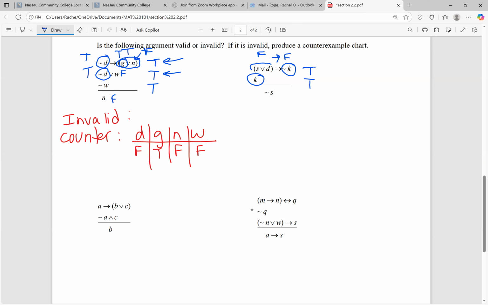And it's an or statement. And the only way an or statement is false is if both sides are false. So S would have to be false and D would have to be false. And if S is false, then not S would be true. And then that would force the conclusion to be true as well when the premises are true. So since this would always result in a true conclusion, right, when our premises are true, this would be a valid argument.